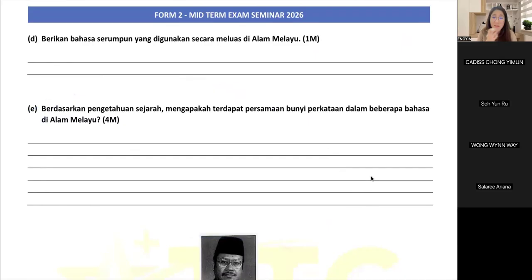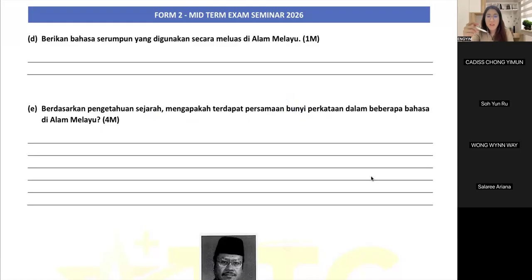Part E looks a bit difficult, but actually it's not. Berdasarkan pengetahuan sejarah, based on your sejarah knowledge, why are there some similarities in the bunyi perkataan dalam beberapa bahasa di alam Melayu? What does it mean?